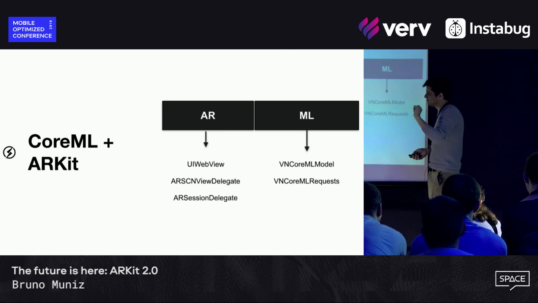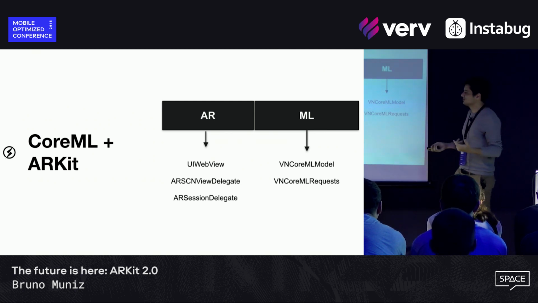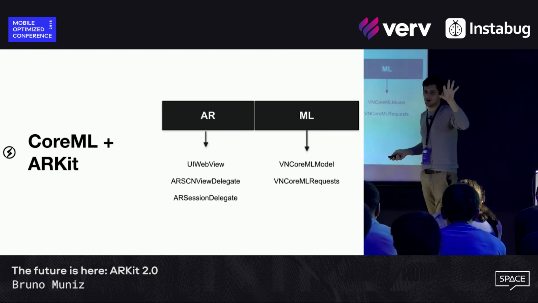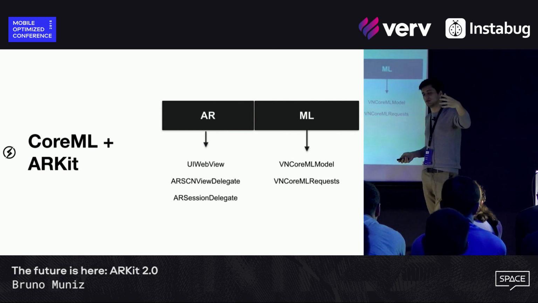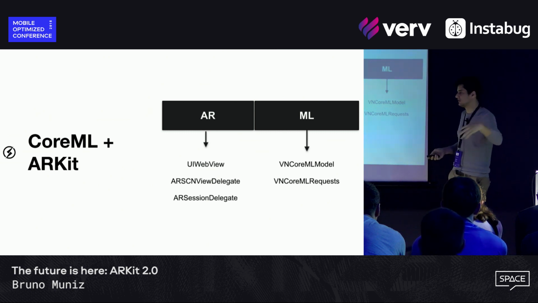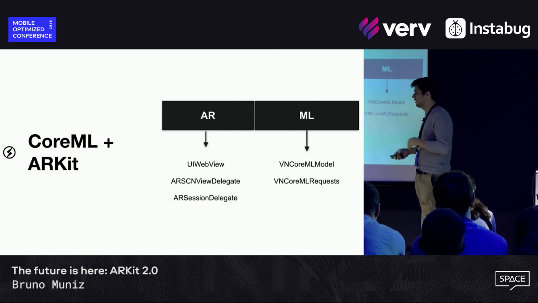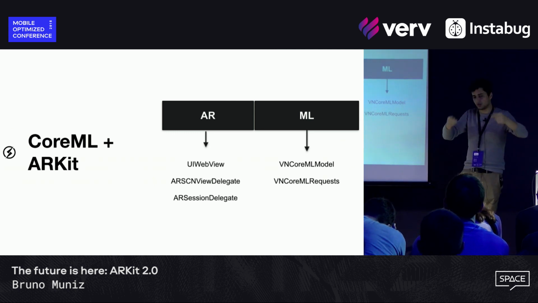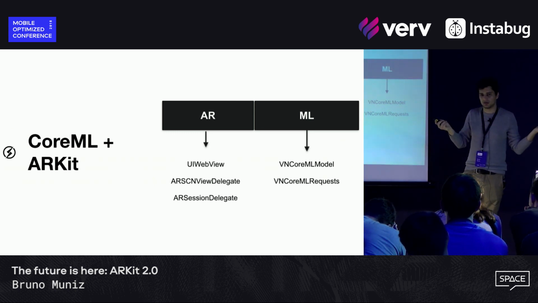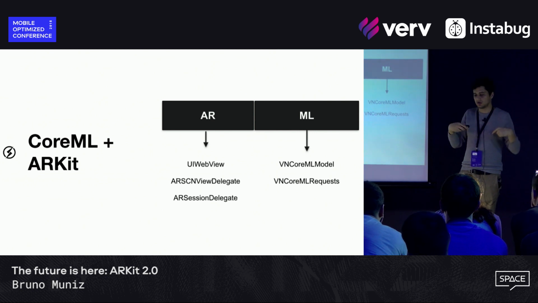A bit more inside with the AR: we're going to use a UIWebView, and we're going to control the scroll with it. We implement the delegate methods for the ARSCNViewDelegate or the ARSessionDelegate. So every frame that the scene is rendered, we get called and asked, hey, do you want to change something? Are you checking something? We have a new frame.